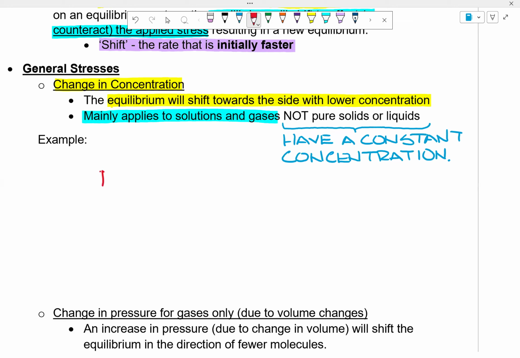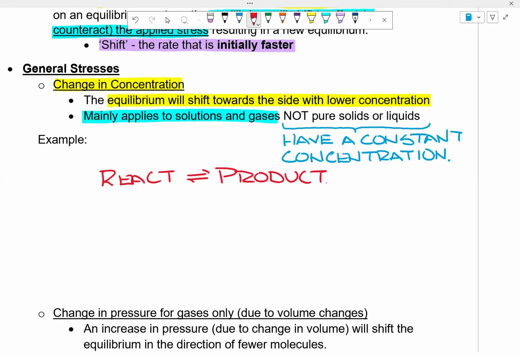So let's say we have our reactant in equilibrium with product. Now, what I've done is I've just made a general reactant and product. It could be 20 reactants and 10 products or one reactant and two products.